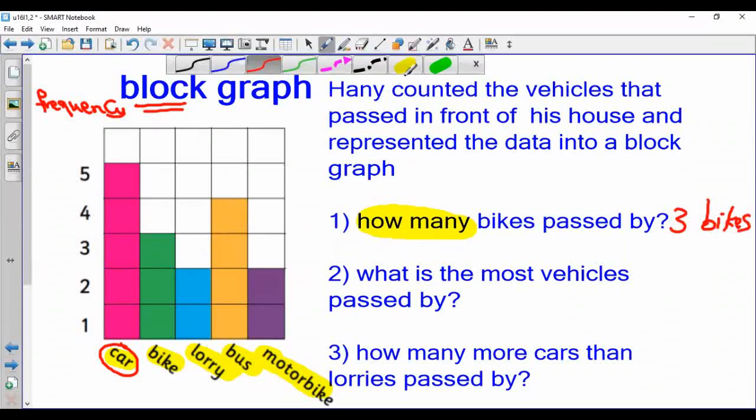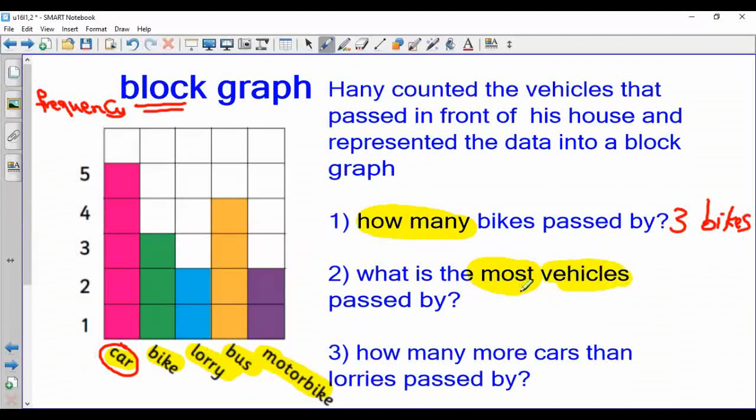Another question. What is the most? The word most refers to the biggest. Now he's asking what is the most vehicle that passed by. All these car, bike, lorry, bus, motorbike are called vehicles.